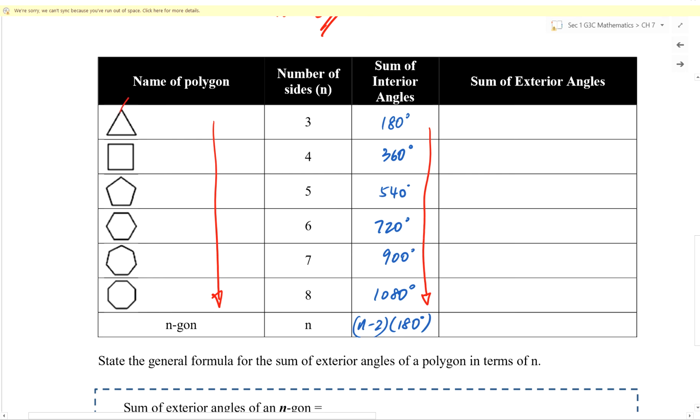For this triangle over here, okay, assuming this is an equilateral triangle. So we've got 120 degrees here, 120 degrees again, 120 degrees. How much does that give us altogether? 360. What if it is not an equilateral triangle?